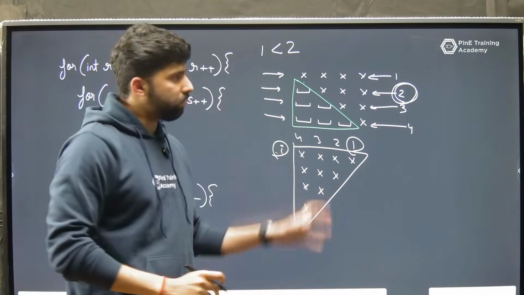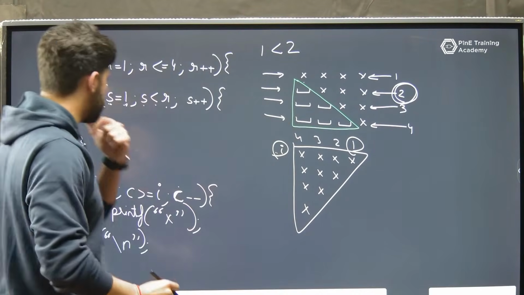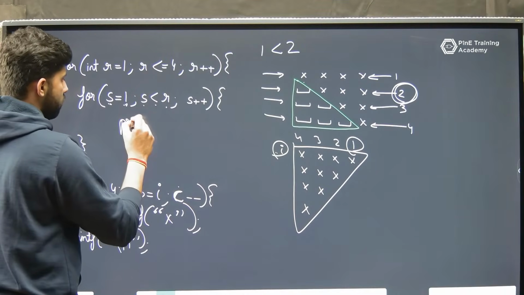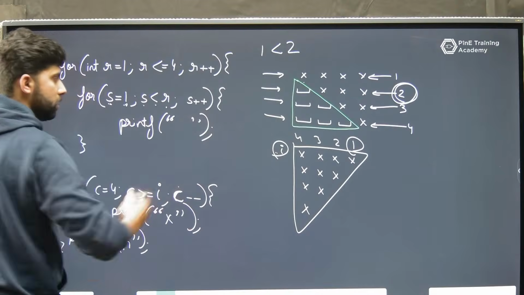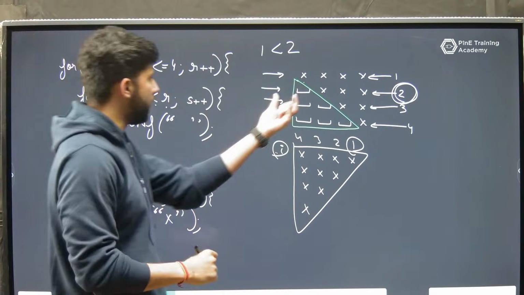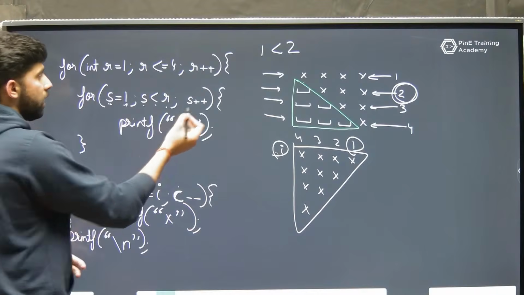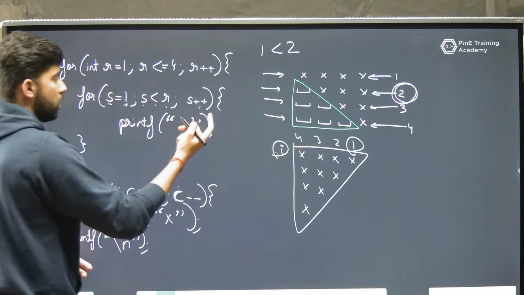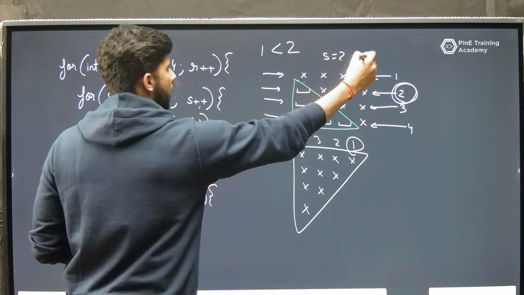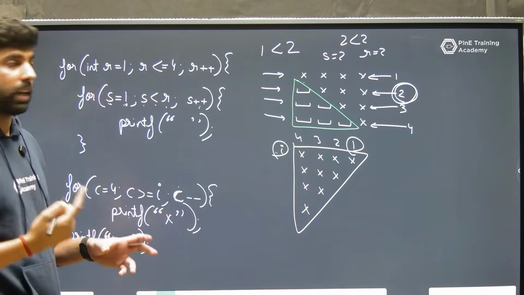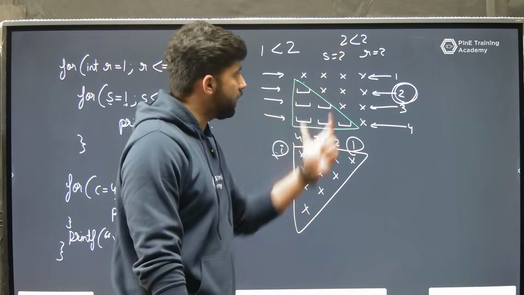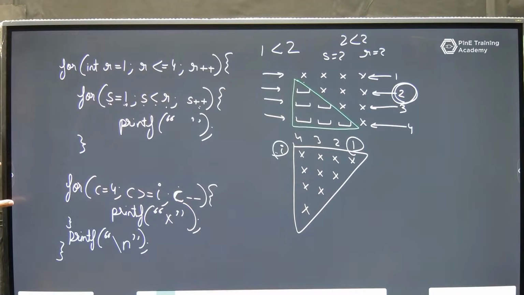This is looking fine because I need a space, so this will print a space. Okay, so one space will be printed, but I need to check again. S plus plus means my S will become 2, my R is already 2, so 2 less than 2, the condition will fail. That means it is working fine.